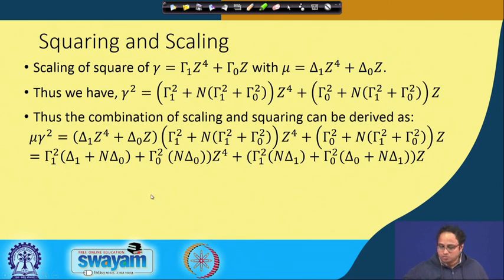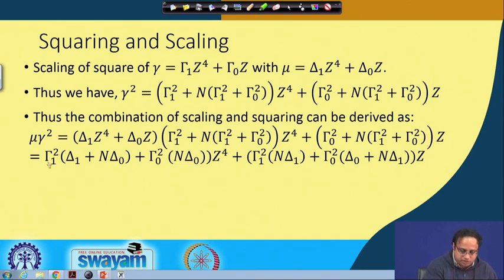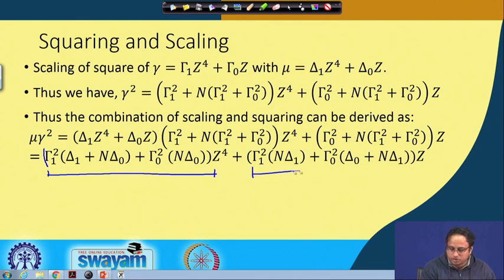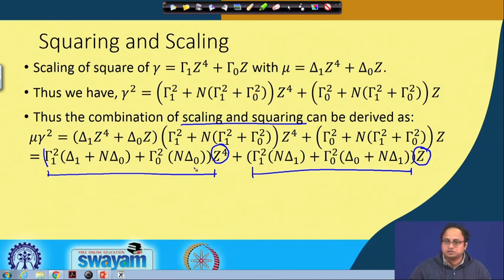One component is shown here, and the other component is this, and you can see that the basis is z to the power of 4 and z. So I have written the result of doing a scaling and squaring in my field, because I have been able to express that in the original field.